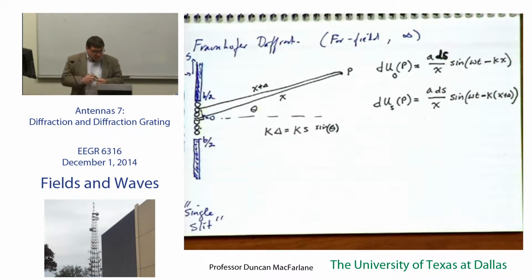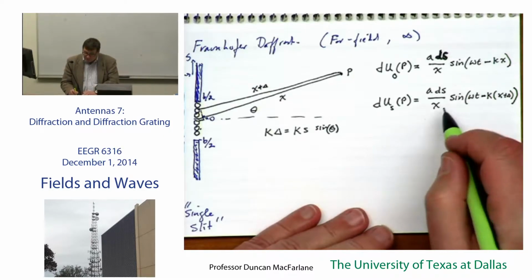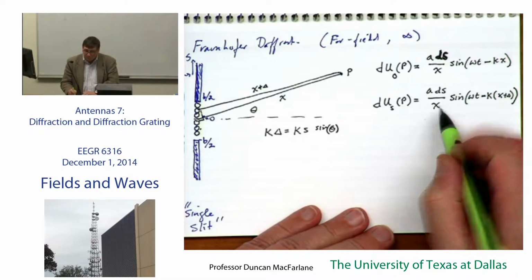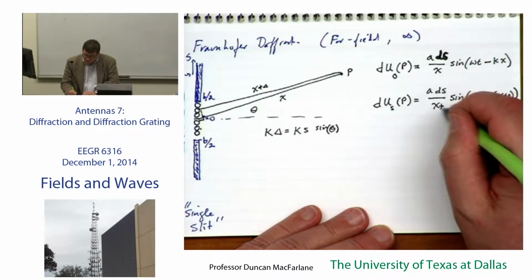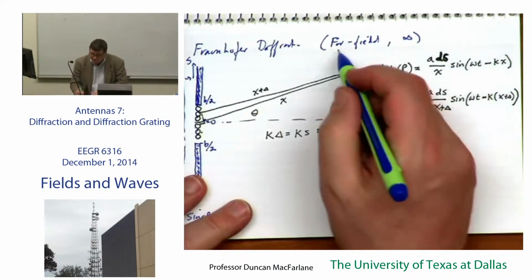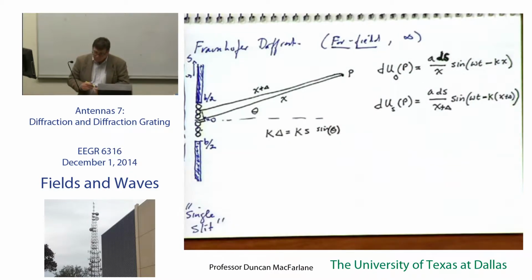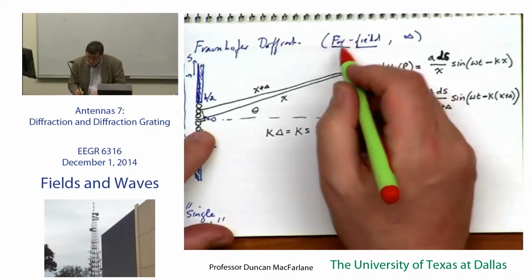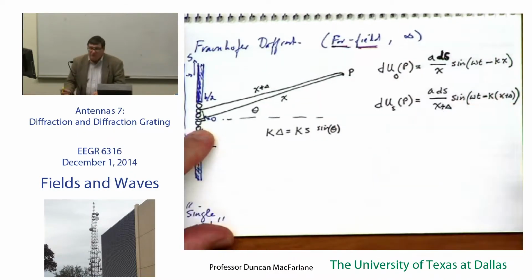Now, to build on what we had before, oh, hang on, one thing. Something that was a little bit wrong here: this denominator should be an x plus delta. But if we're in the far field, what do we do with that delta?